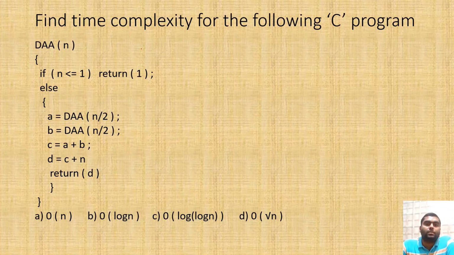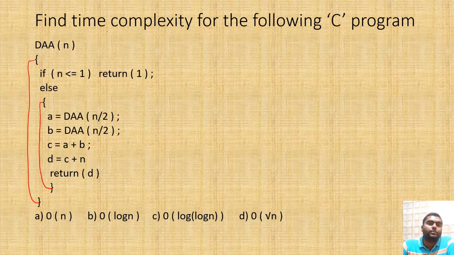Now, find the time complexity for the following C program. So what is the program? This starts from here and ends over here, and this is going to be the else part. And this is again the initial condition, and these steps are the recursive steps.